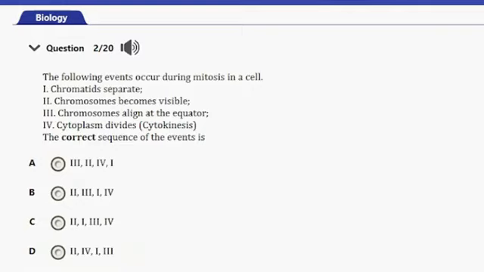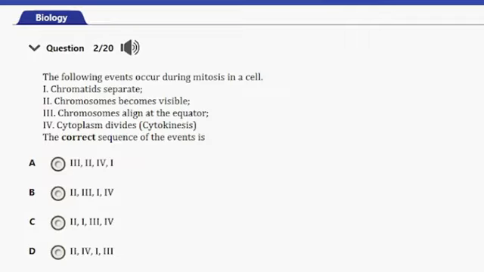Question number 2. The following events occur during mitosis in a cell. I. Chromatids separate. II. Chromosomes become visible. III. Chromosomes align at the equator. IV. Cytoplasm divides, that's cytokinesis.